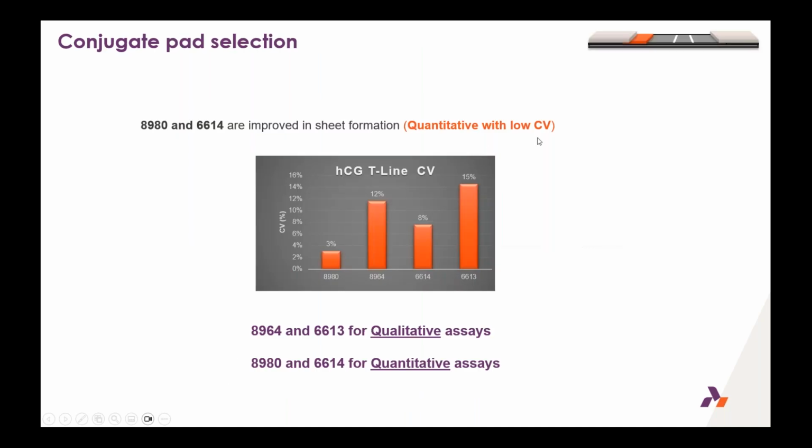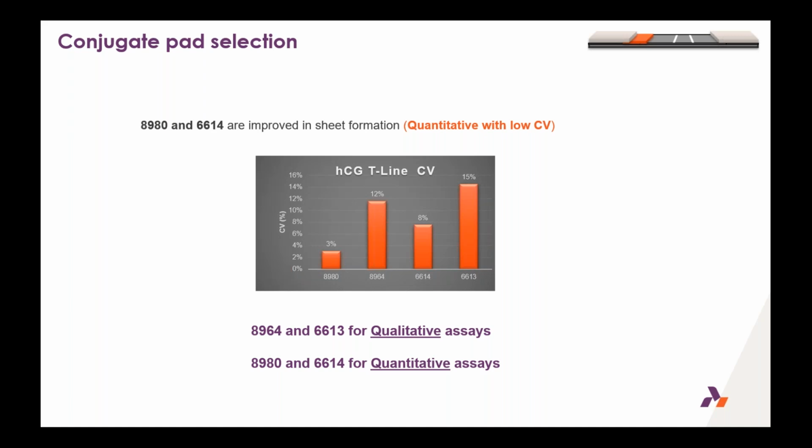This case study, based on hCG detection, illustrates the previous remarks on homogeneity. 89 grades are glass fibers, and here 66 grades are synthetics. The 6613 and 8964 are considered less homogeneous than 8980 and 6614.